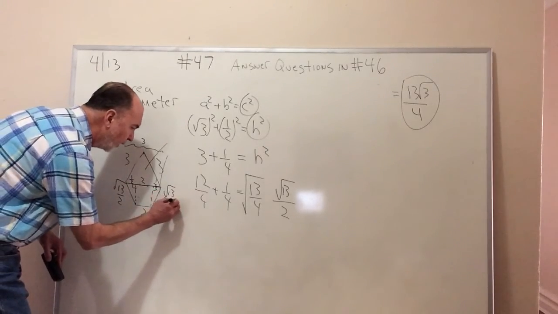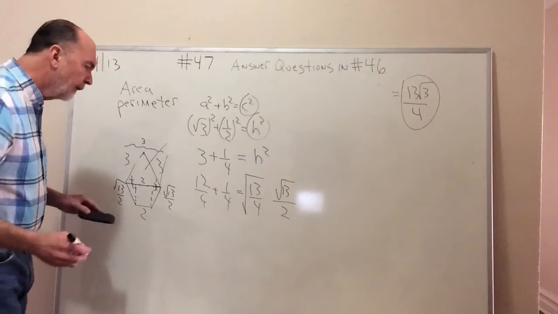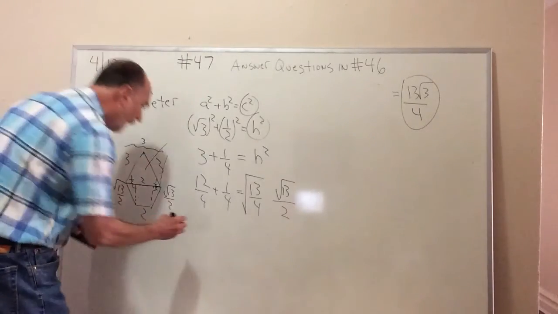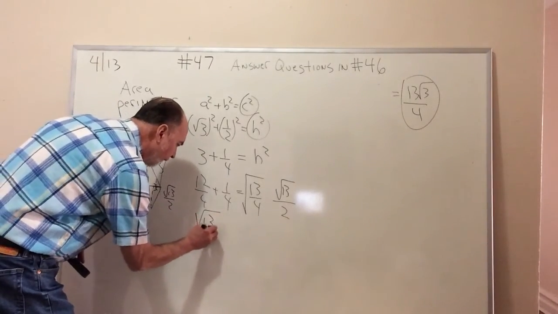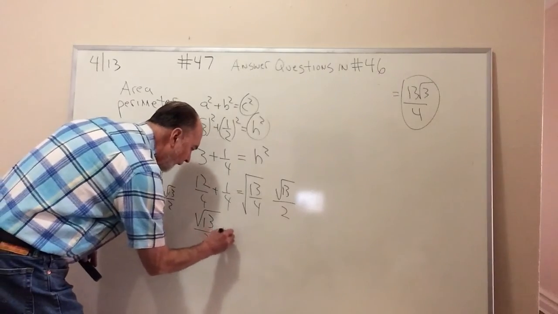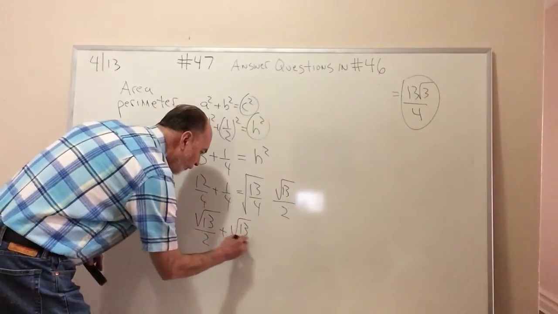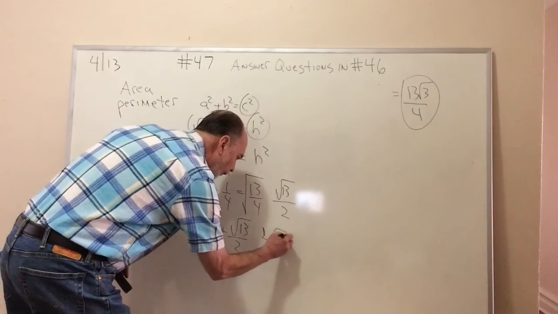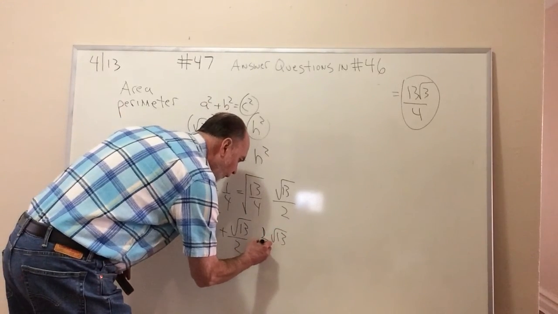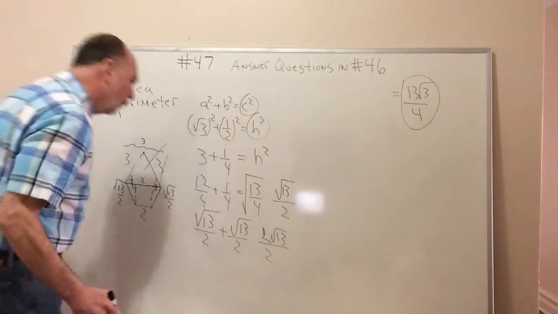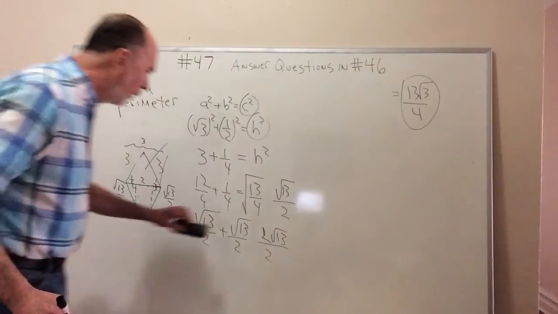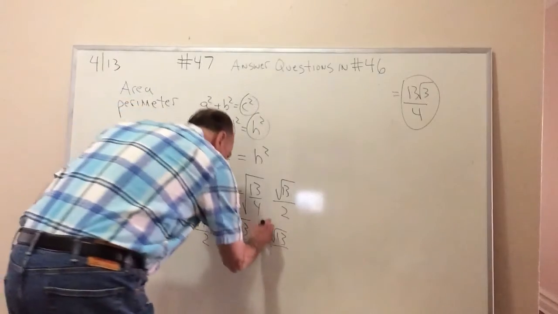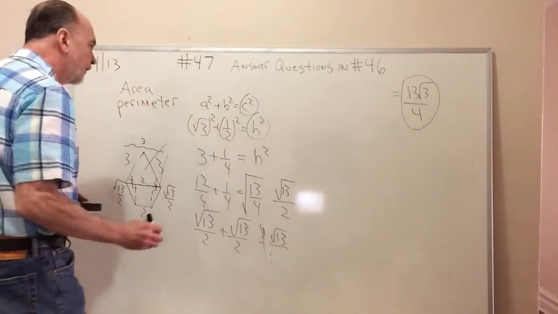What's radical 13 over 2 plus radical 13 over 2? I refer you again to 6th grade. It's 2 radical 13 over 2. So both sides of this, as the 2's cancel, are radical 13.